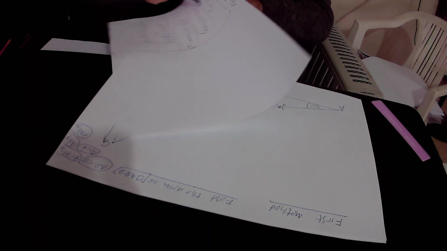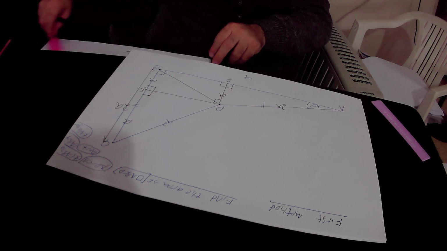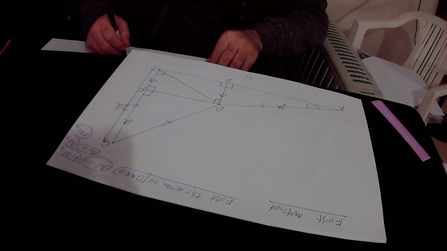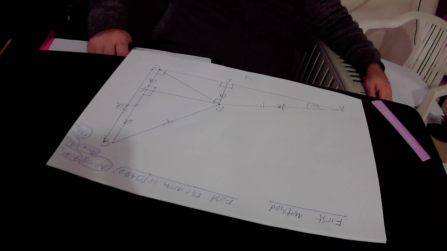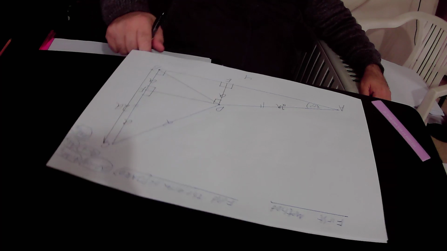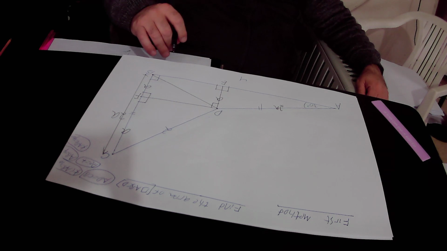So what is the side angle side rule? It is that if you prove that two sides and the angle located between those two sides in one triangle are congruent to two sides and the angle between those two sides in another triangle, then those two triangles are congruent according to the side angle side rule.